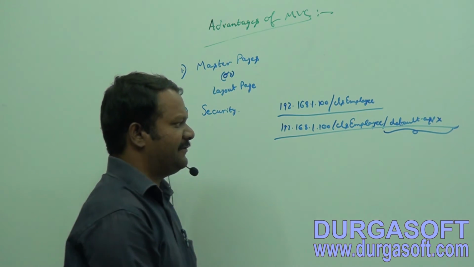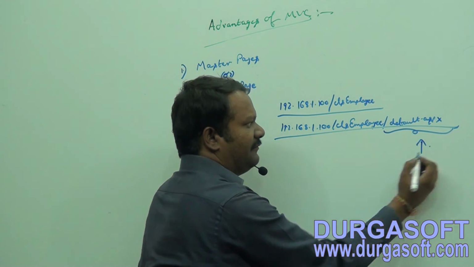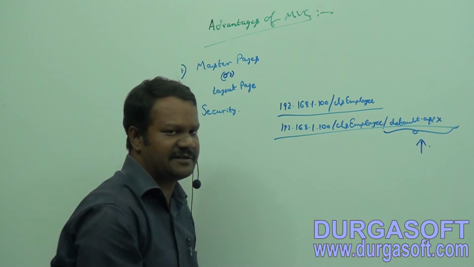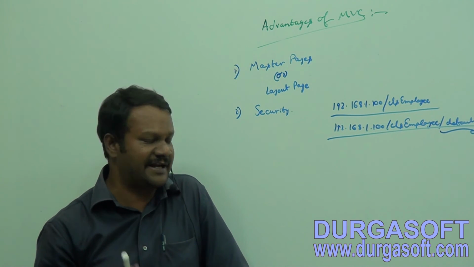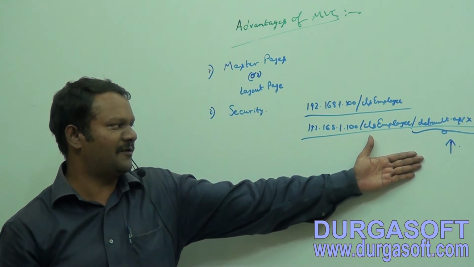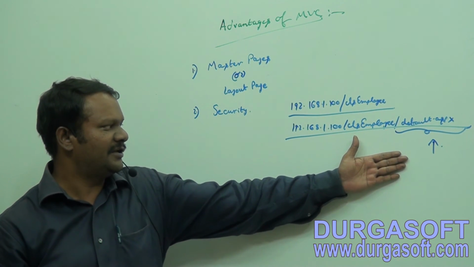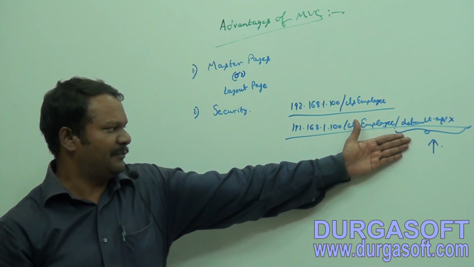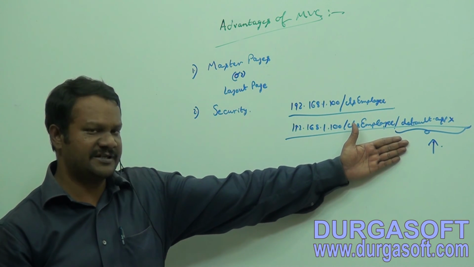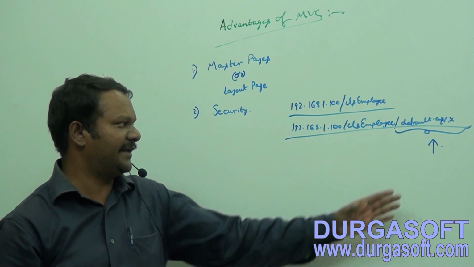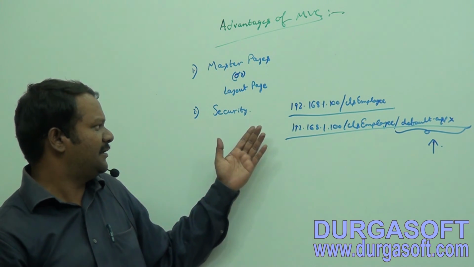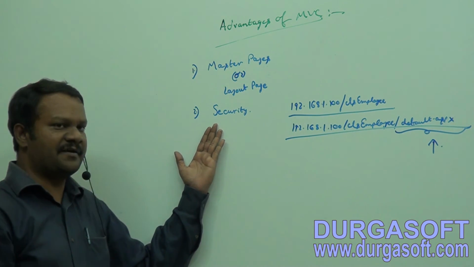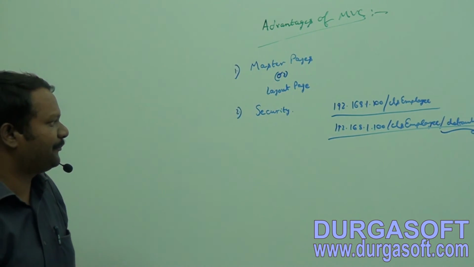So the URL requests are directly mapped here. Whereas in MVC, as I told you, URL requests are mapped to the controller, then to the action methods. But in ASP.NET web forms, it is directly mapped to the web form. So a hacker can easily find out the page where it is coming from and he can hack the page. That is where we are providing security to MVC applications.